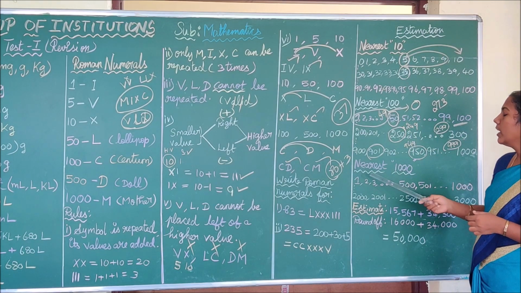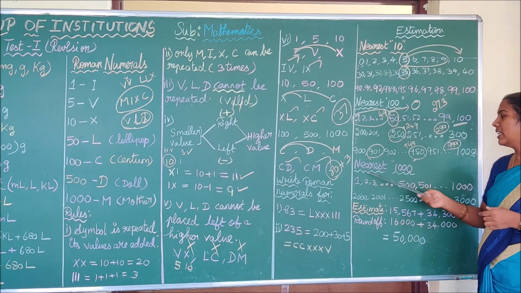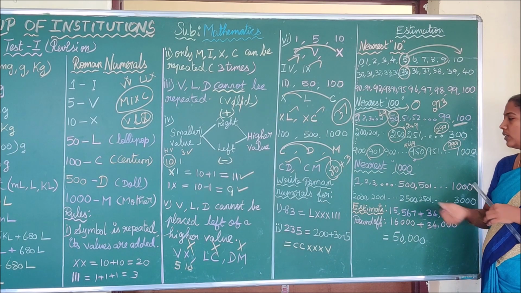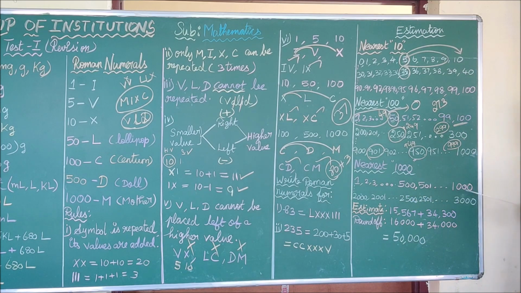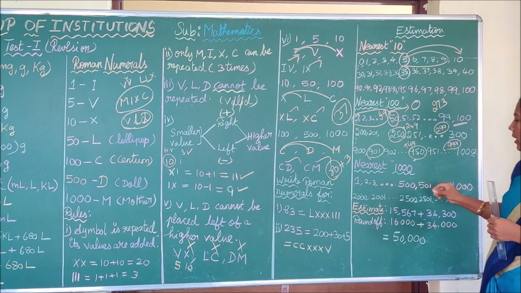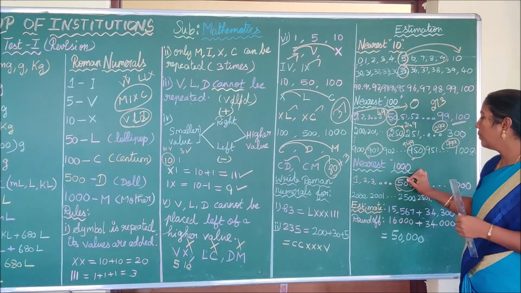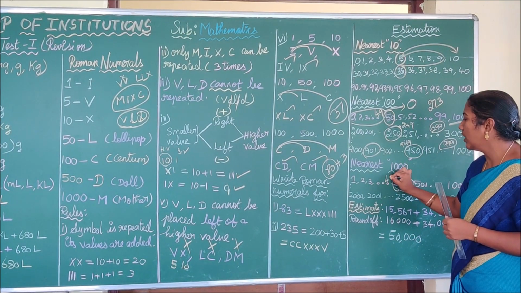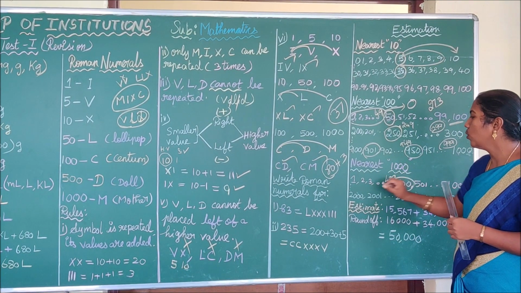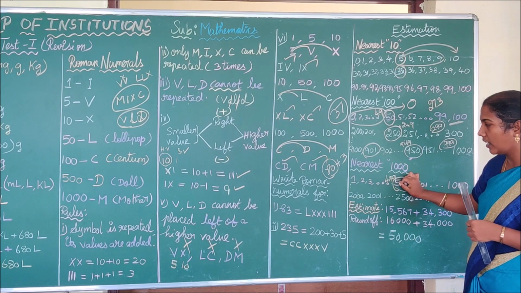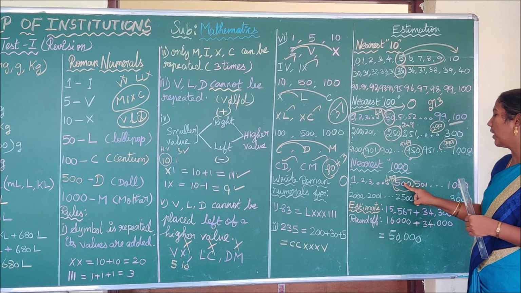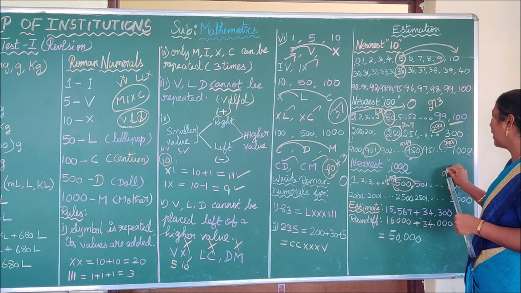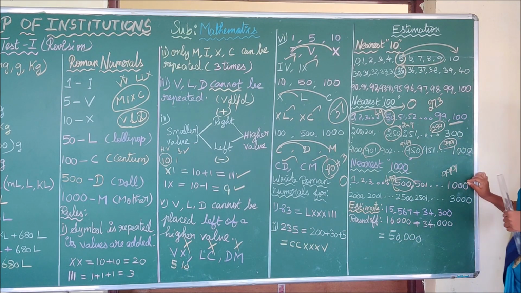Next we are going to see the nearest 1000. How are we going to round off to the nearest 1000? First we are taking the first 1000 numbers. See here, which is the middle number? 500. So before 500 we have 499. So 1 to 499 are rounded off to 0, and from 500 to 999 are rounded off to 1000.